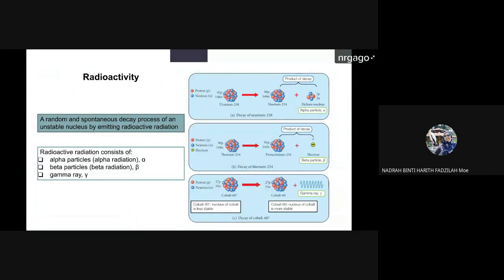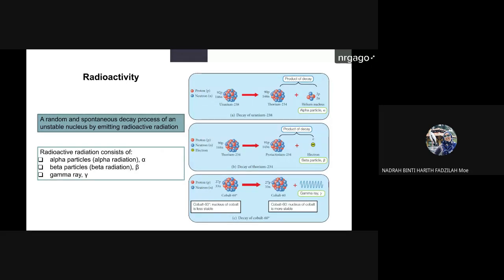Okay, so radioactivity is defined as a random and spontaneous decay process of an unstable nucleus by emitting radioactive radiation. So radioactive radiation can be alpha particles, also known as alpha radiation, beta particles, also known as beta radiation, and also gamma ray.